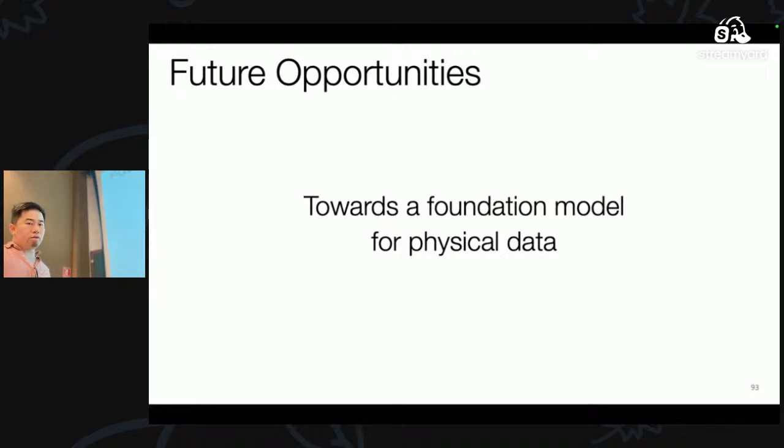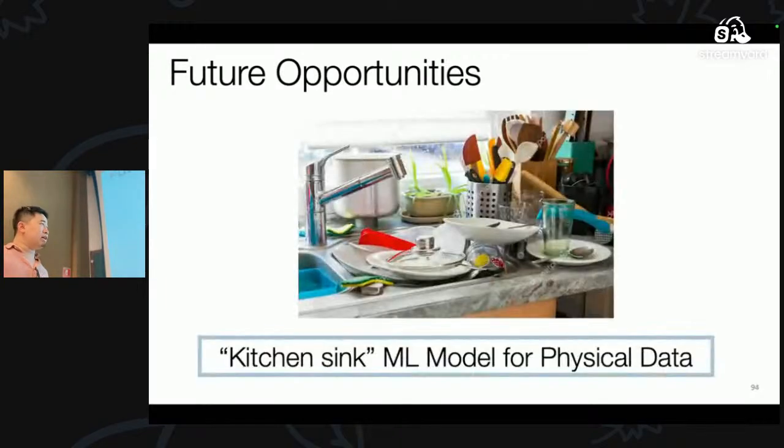Okay, so again, towards a foundation model for physical data, we want these kitchen sink ML models. We talked about this earlier. You don't want to explicitly tell it, oh, this is a soft sponge, I should pick this model, or oh, this is a leaf, I need to pick another model. That kind of model doesn't really scale.